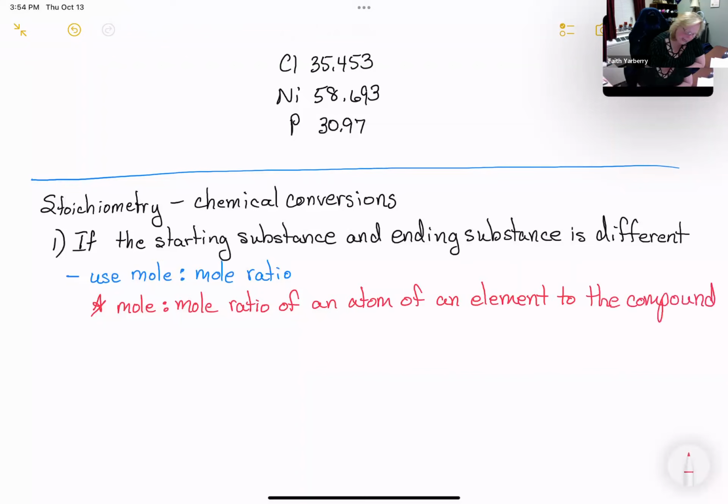And this is going to come directly from the subscripts of the formula.